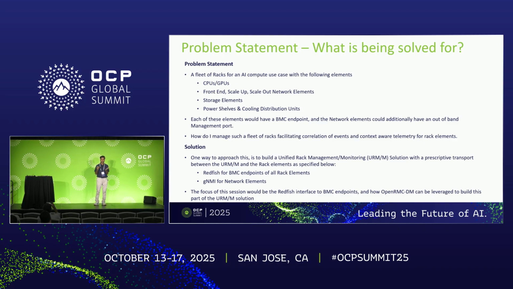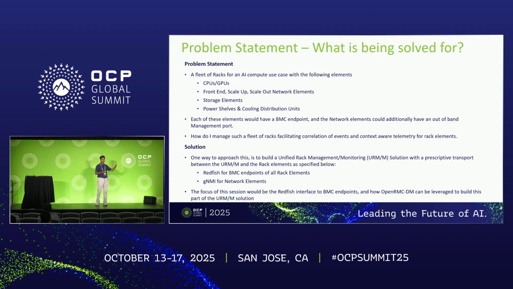So one other way to solve it is to build a unified rack management and monitoring solution with a prescriptive transport. Why prescriptive transport? If I build a bunch of hardware, I would want to have a standard way of exposing management to a management application.